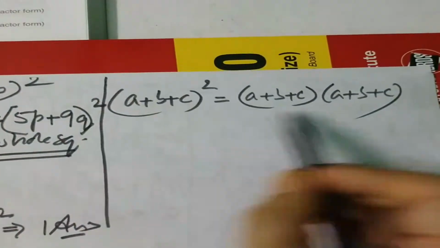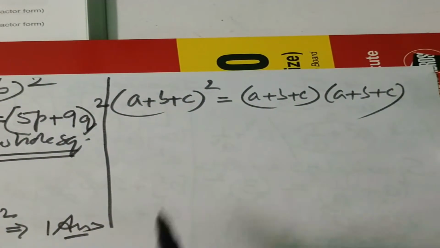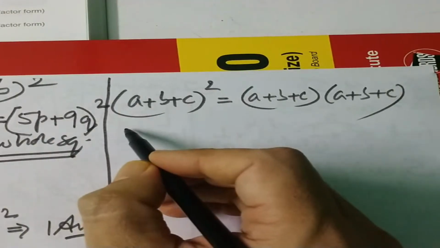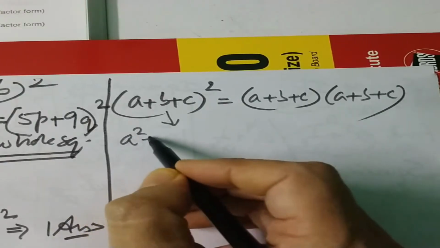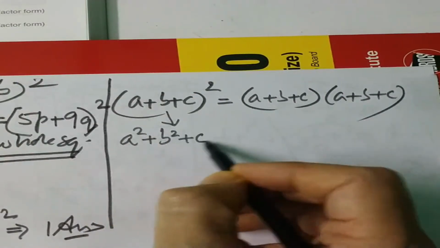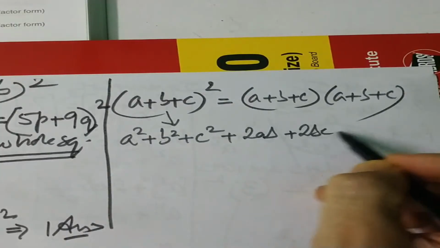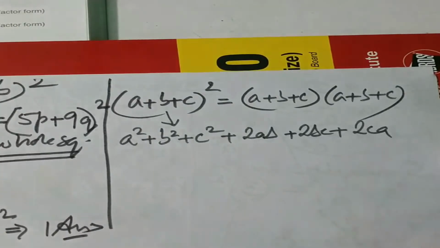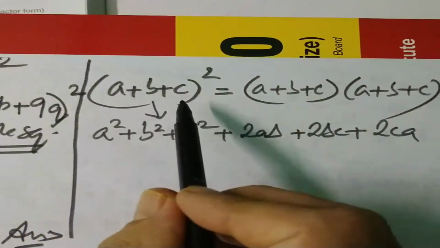If you multiply this, you will get some answer which becomes the formula. It is a long formula: (a plus b plus c) square is equal to a square plus b square plus c square plus 2ab plus 2bc plus 2ca.